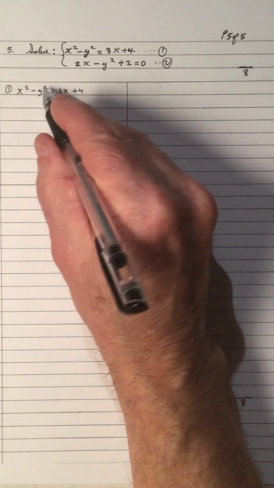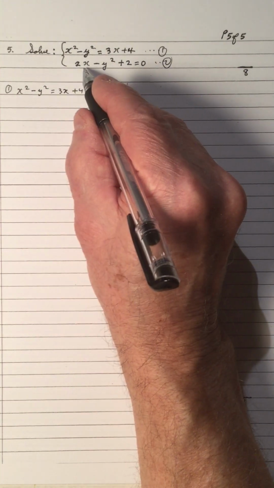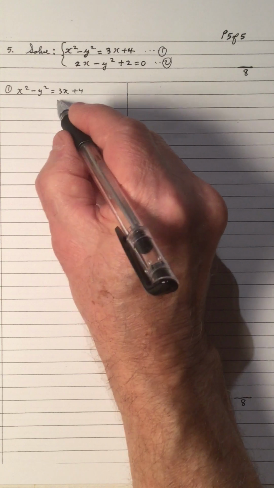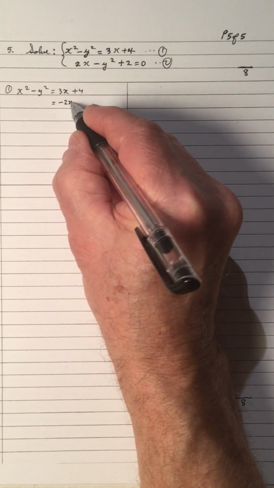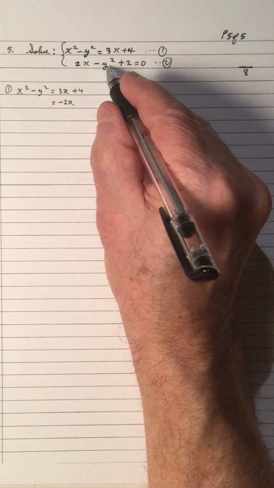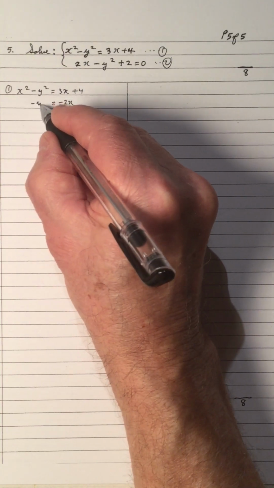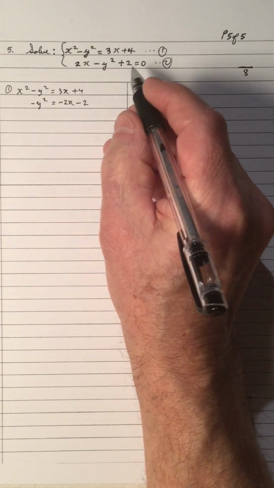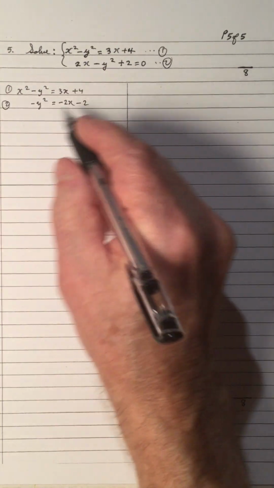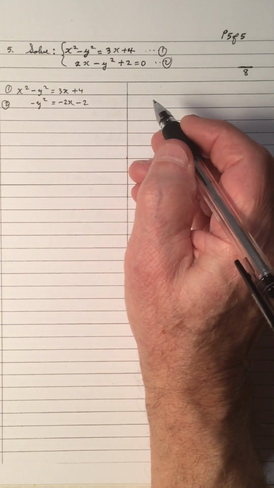If I take number 2 and write it below it, the x moves this way to make it negative. The y stays where it is, and the plus 2 moves over here to become a minus 2. So now I have the equations lined up.